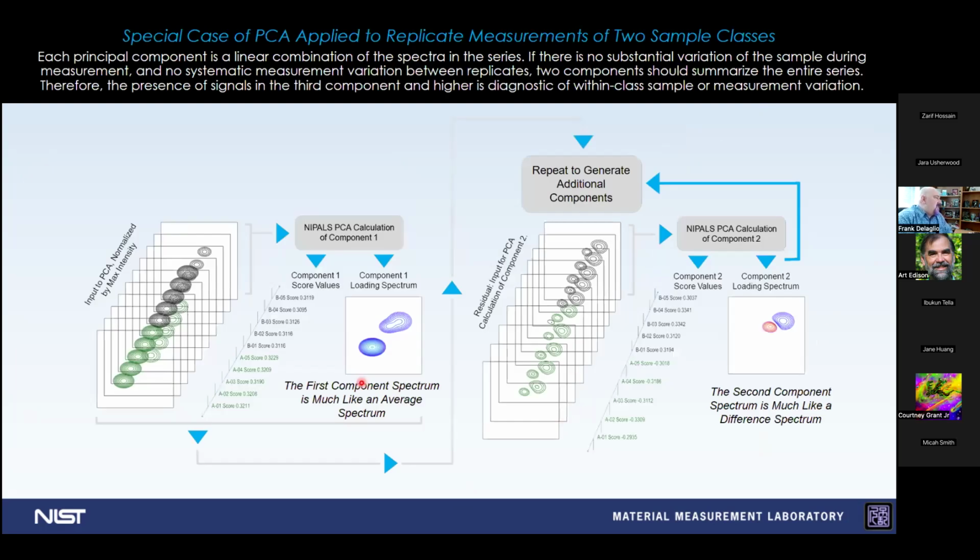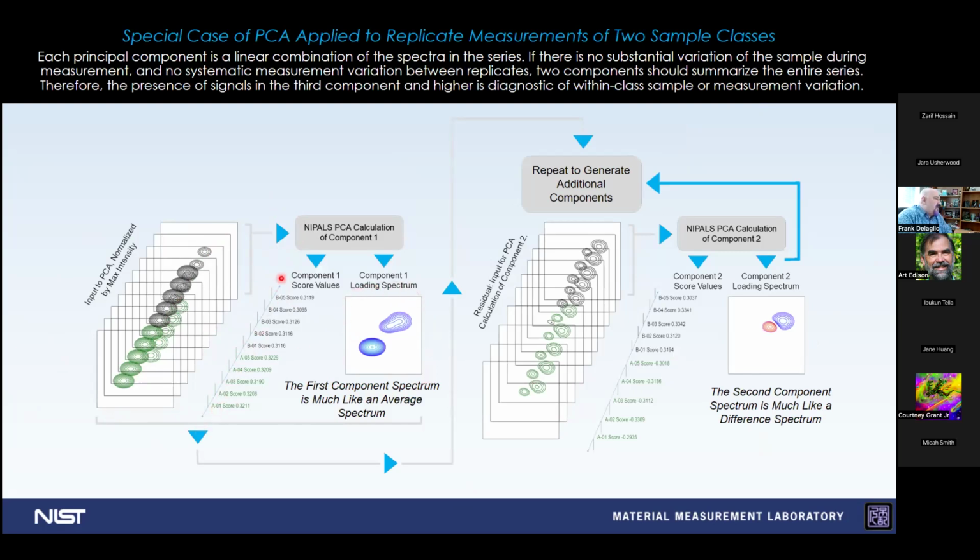In principal component analysis, we take the spectral series being analyzed and make a linear combination of the spectral series. So we find a set of coefficients such that when we multiply them by each of these spectra and add them together, it generates a single 2D spectrum.